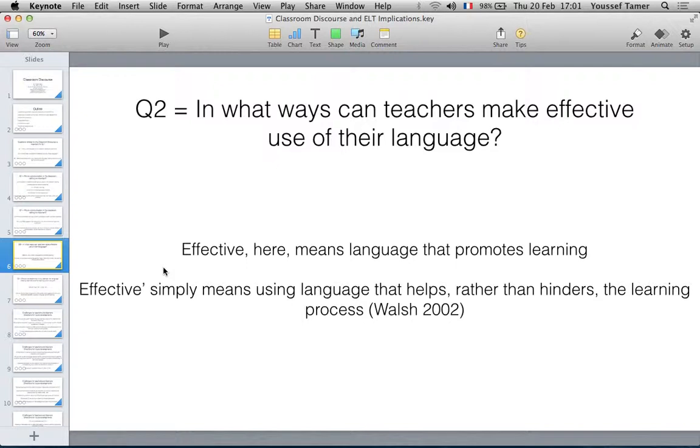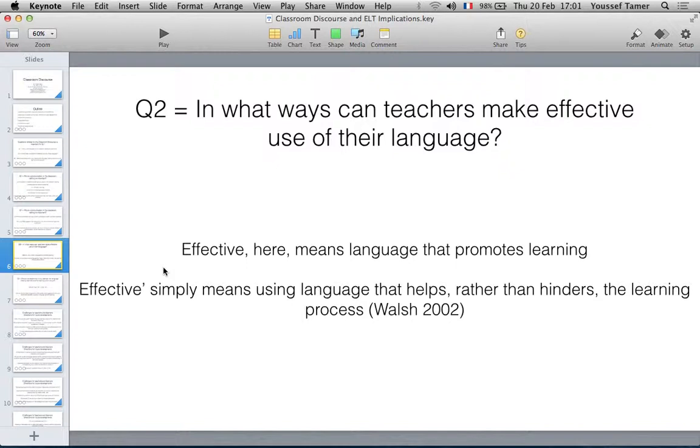Using a language that helps rather than hinders. So the best ways to use their classroom discourse is to use their language in such a way as to promote and improve teaching and learning, rather than hinder the teaching and learning processes. Also, teachers can make use of classroom interactional competence. We're going to see that later on, so we will come back to it.